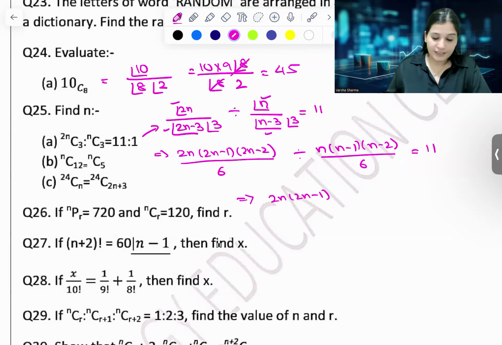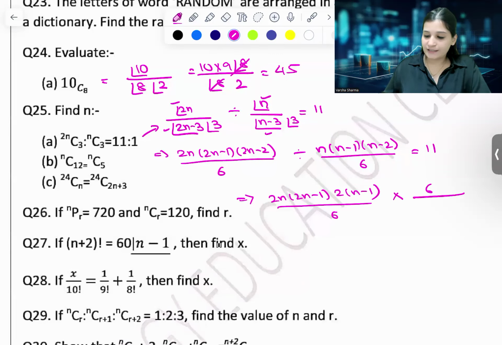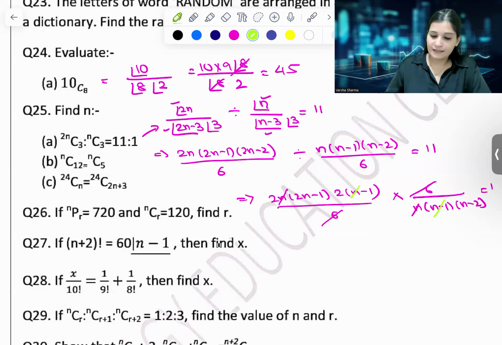Twice n minus 2, taking 2 common here. From divide to multiplication, it gets reversed. 6 gets cancelled, n gets cancelled, n minus 1 gets cancelled.